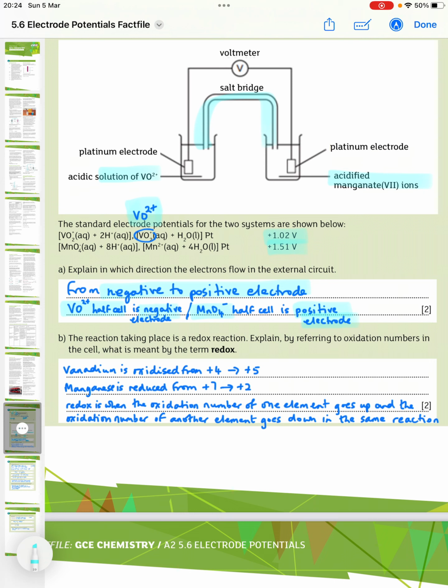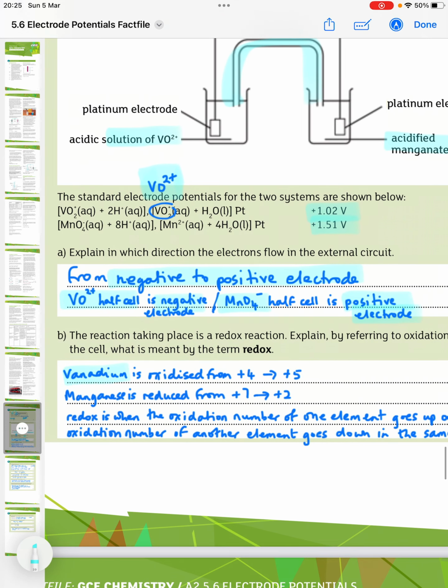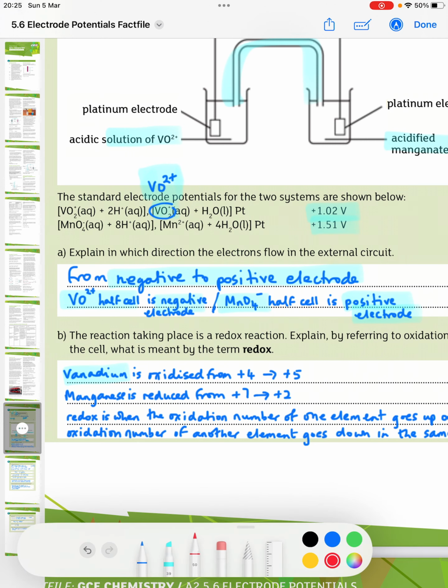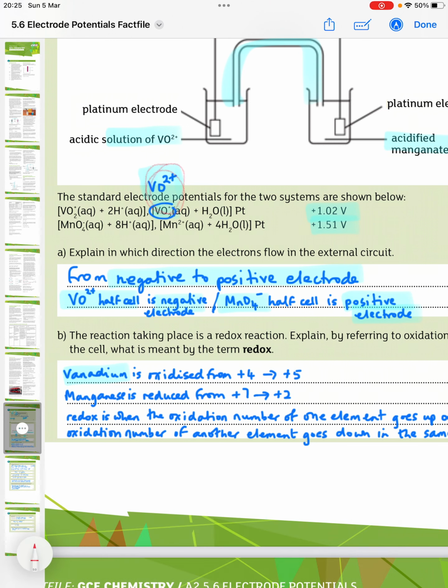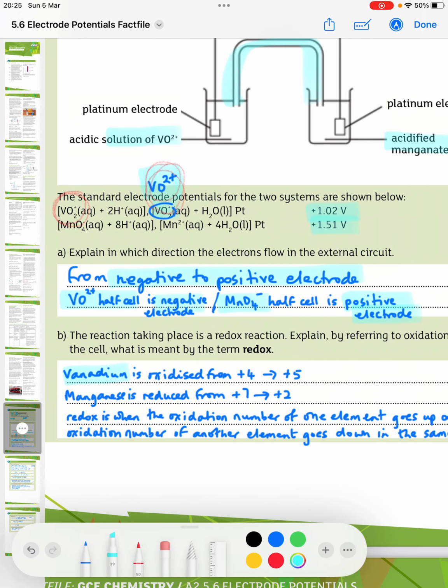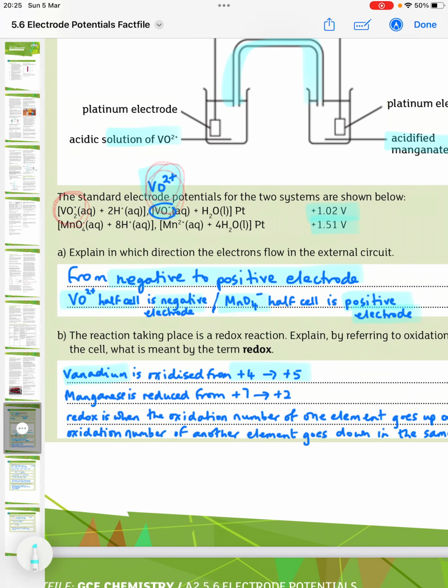Next, the reaction taking place is a redox reaction. Explain by referring to oxidation numbers in the cell what is meant by the term redox. If we look at the vanadium first, it goes from +4 in the VO2+ to +5 in the other one there.